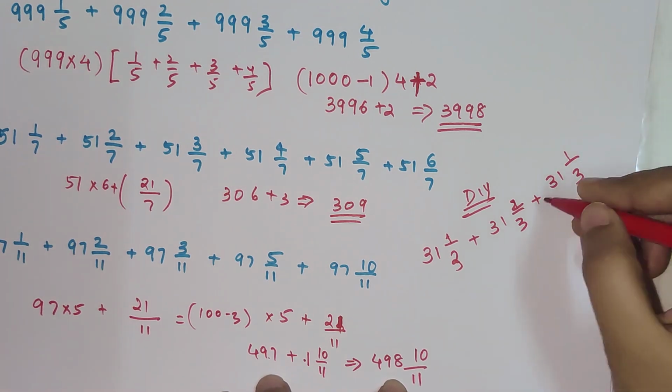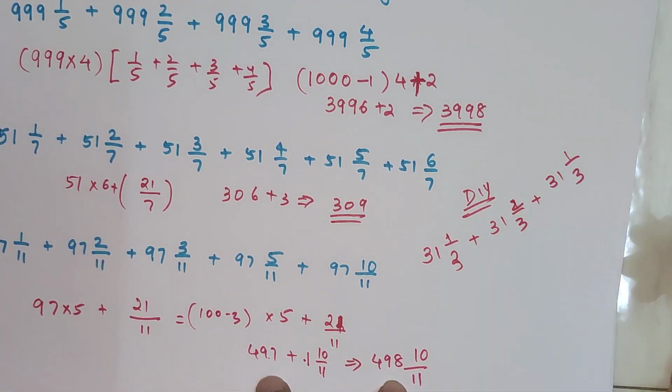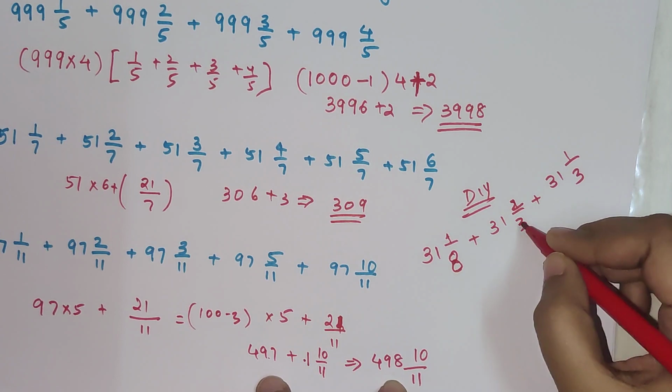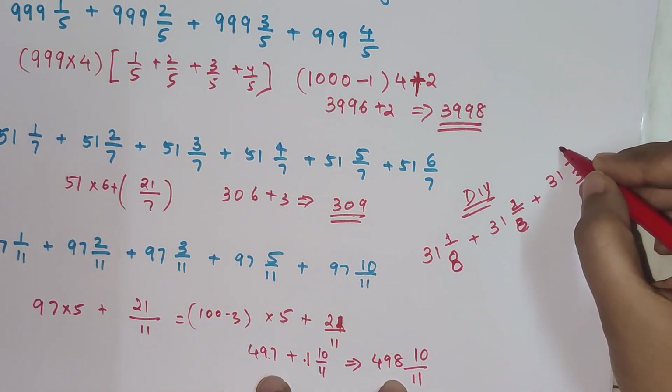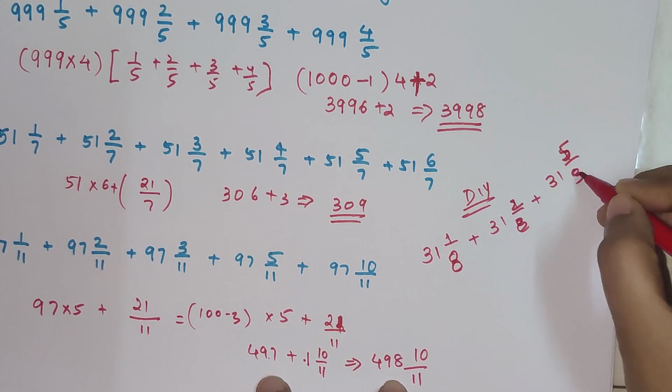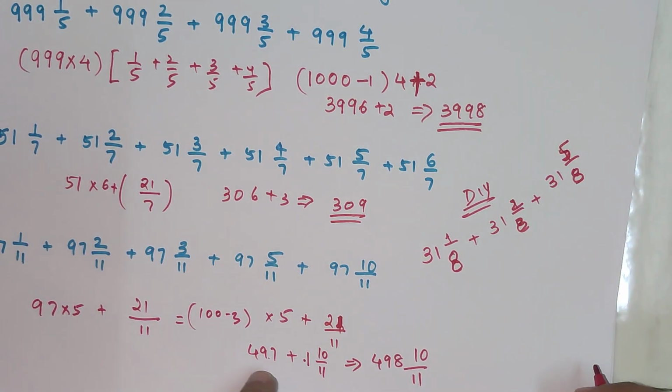Oh no, actually let's do 1 upon 8, 2 upon 8, and so this is 5 upon 8. Yeah, this is easier. Okay, so do let me know your answers in the comment section.